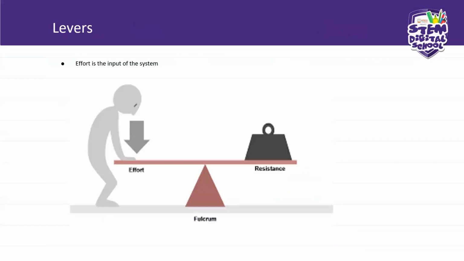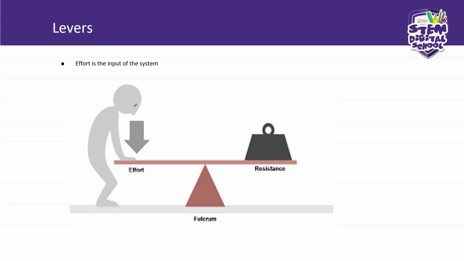What is the effort? The effort is the input force. Because when we study mechanical systems, we even calculate mechanical advantage. So it's very important that we identify the effort in the system. So in levers, the load offers resistance.